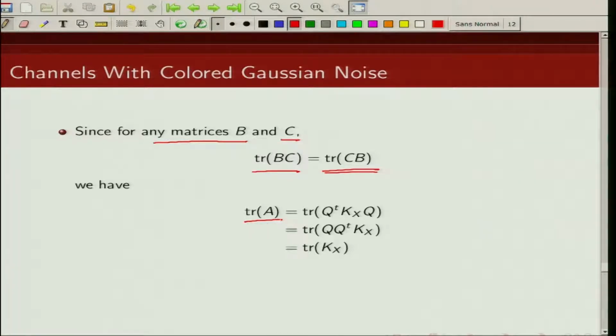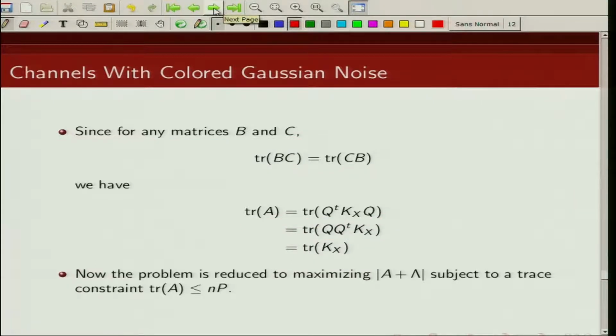So we can write the trace of matrix A as trace of Q transpose Kx Q, which we can write as trace of Q Q transpose Kx. Now Q Q transpose is an identity matrix, so trace of A is nothing but trace of this input covariance matrix Kx.